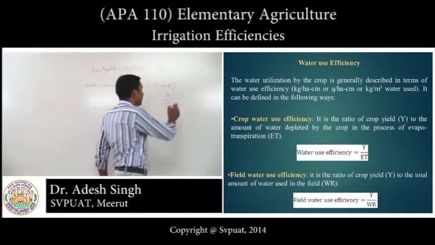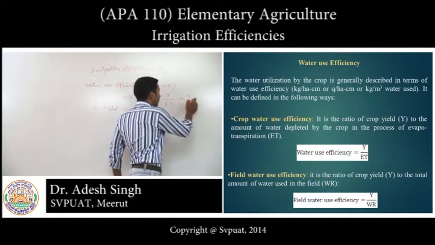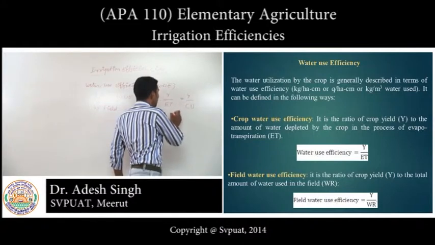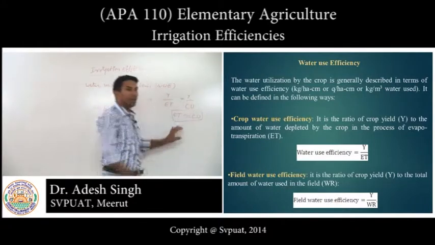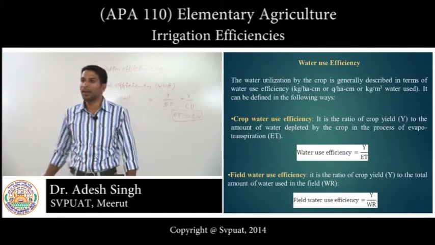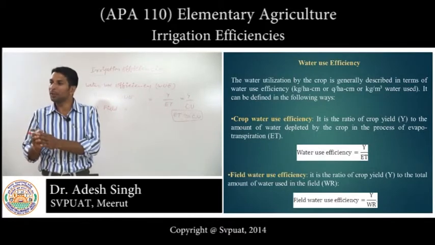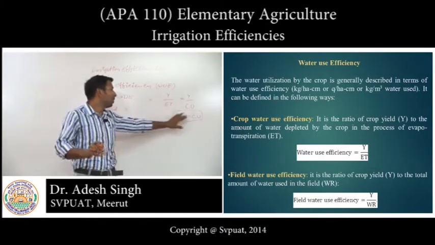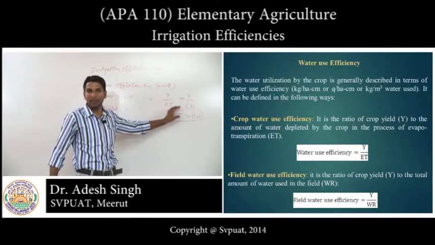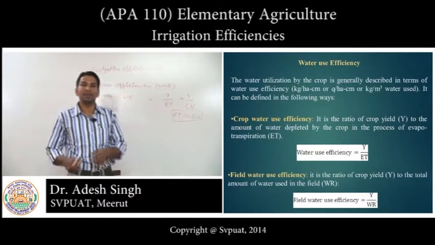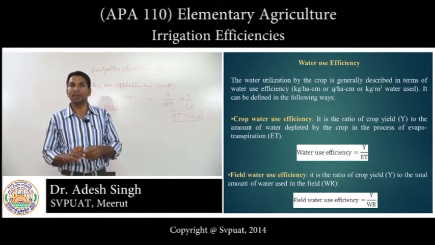Sometimes the evapotranspiration rates are not exactly equal to the consumptive use of water, but the consumptive use of water is the water used in the evapotranspiration process plus the certain water which is used in the metabolic processes of the crop plants.